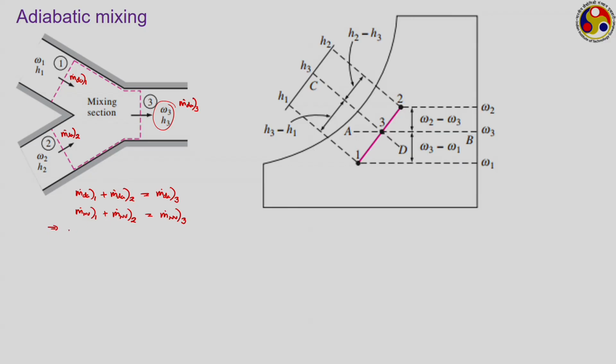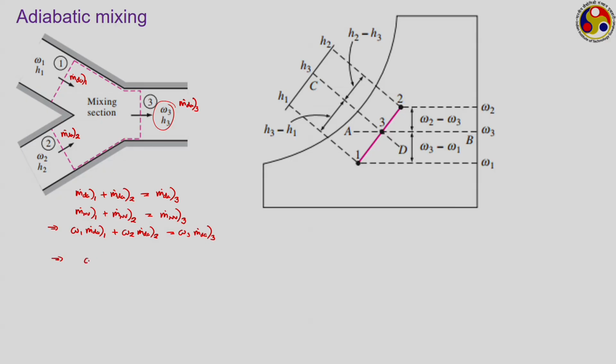Then from there we can write for the first part, it can be written as omega 1 into m dot dry air for 1 plus omega 2 into m dot dry air for 2 is equal to omega 3 into m dot dry air for 3.